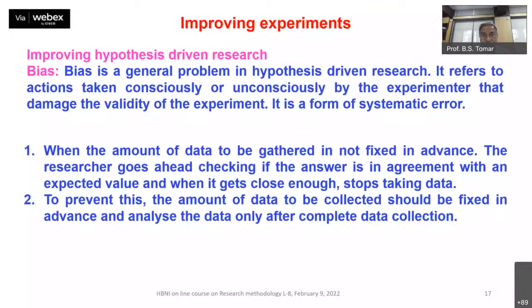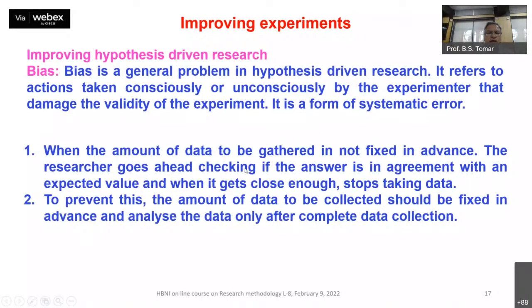So you have a bias, meaning you got an output which suits your expected hypothesis. Whereas if a priori you decide that you will interview 10,000 people to know their opinion about a particular candidate, and you stop only after 10,000, irrespective of whether they favor the candidate or not, that avoids the bias.